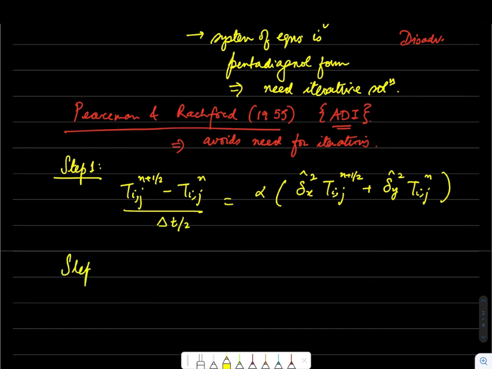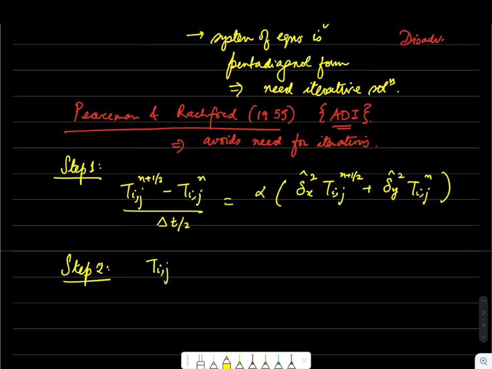In the same way, step 2 now involves marching again in half a time step, but now using unknown temperatures on the second y derivative.